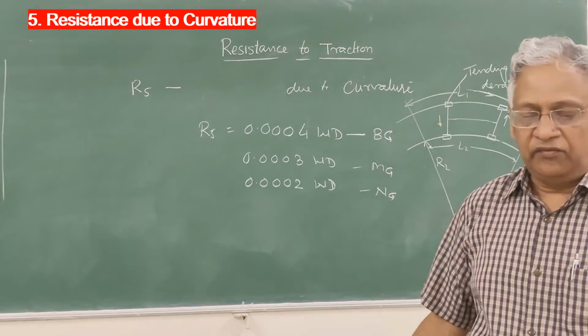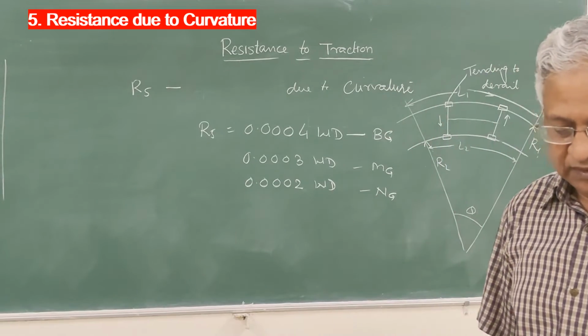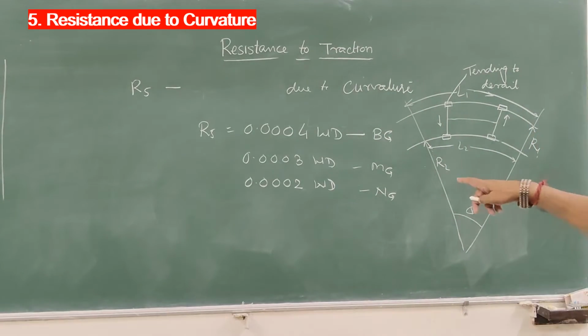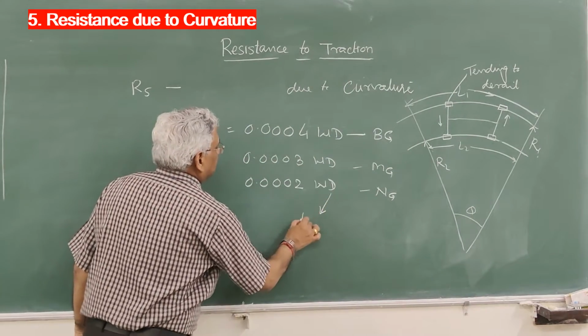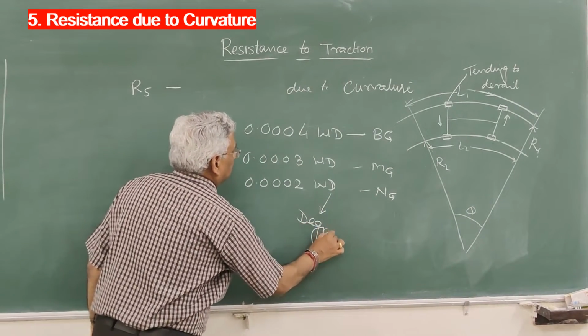So W is the weight of the train in tons, and D here is the degree of the curve. D is degree of the curve.